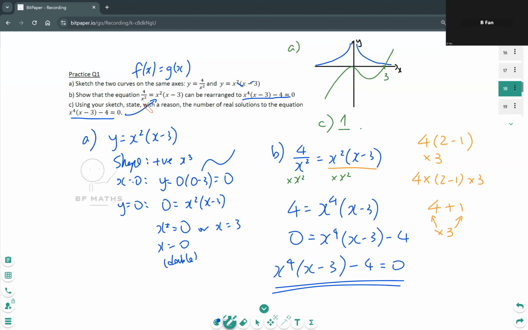So how many solutions to this equation? Well, we look at how many intersection points of the graph. One. Yeah, that's one intersection point. So part C is 1 because there is only one intersection point on the graph. Simple as. All right? And that's the end of the lesson.